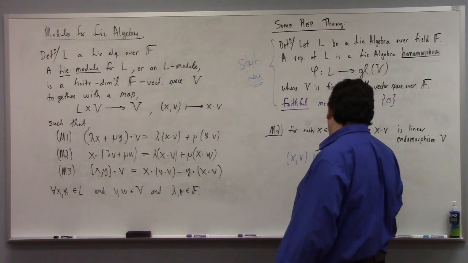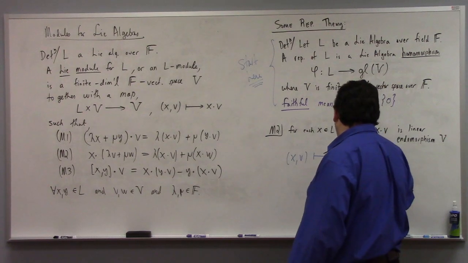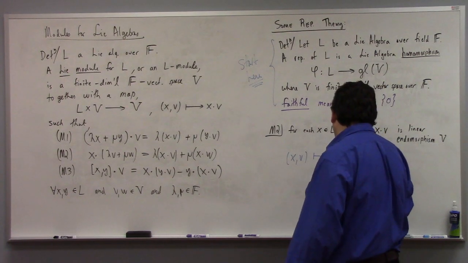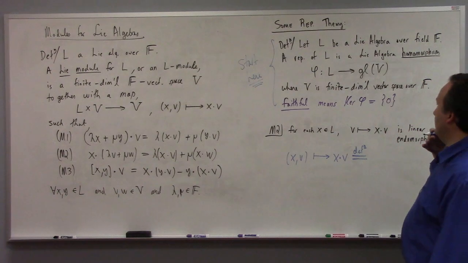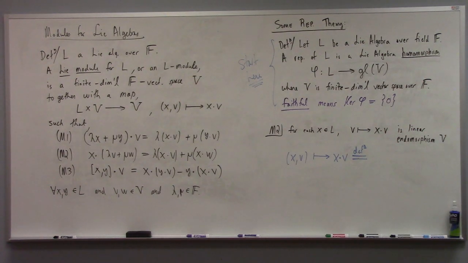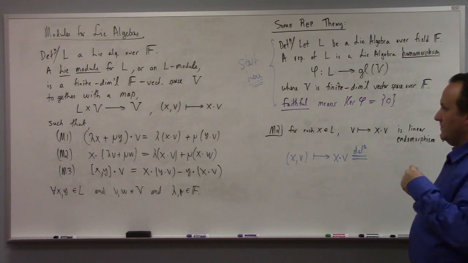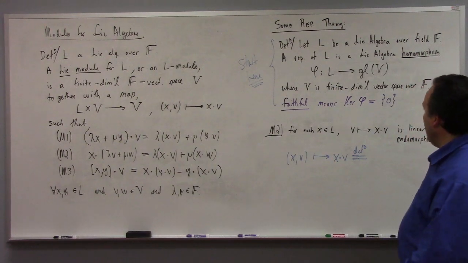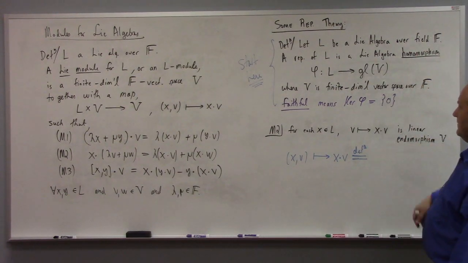How should I define that, using my handy dandy Lie algebra homomorphism? What do I need? I have this to play with.